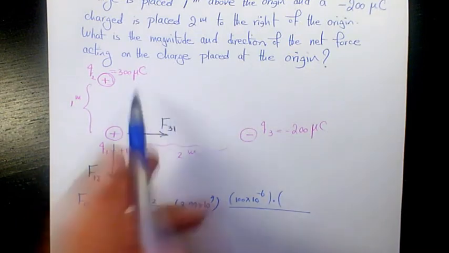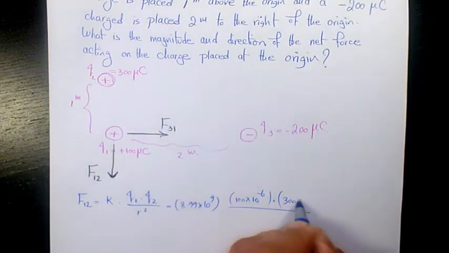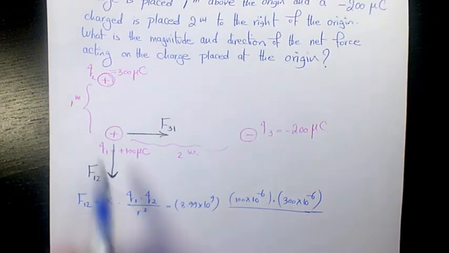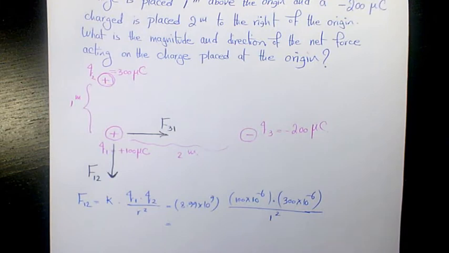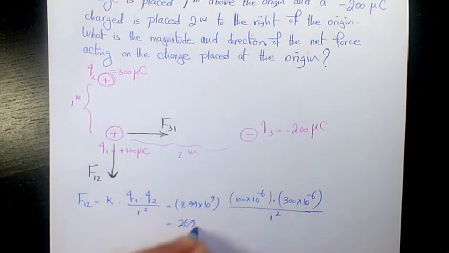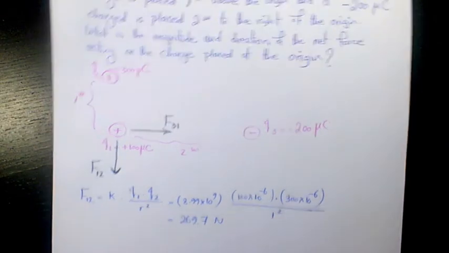Q2 is 300, so it's going to be 300 times 10 to the power of negative 6, divided by r squared, that's 1 squared. The answer will be 269.7 Newton.